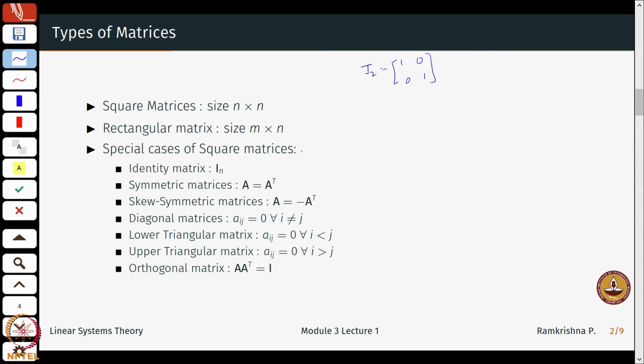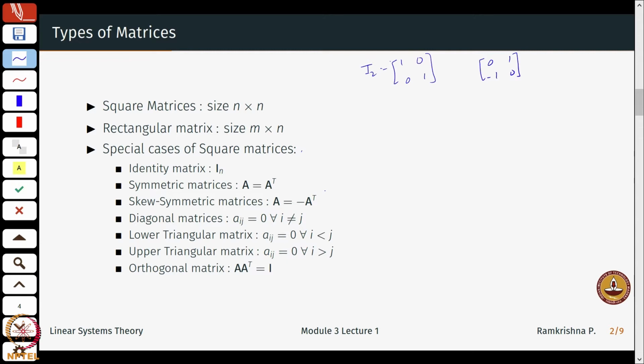Symmetric matrices: A is equal to A transpose, and I think we all know what the definition of the transpose of a matrix is. Similarly, we have skew symmetric matrices, where A is the negative of A transpose. A simple example would be something like this, a skew symmetric matrix. You can just substitute and look at it in terms of each element of the matrix.